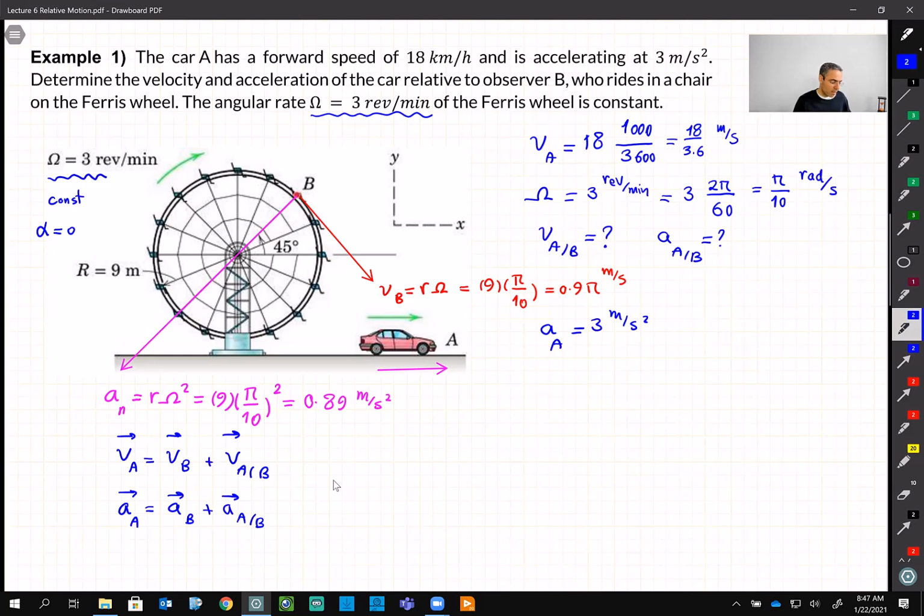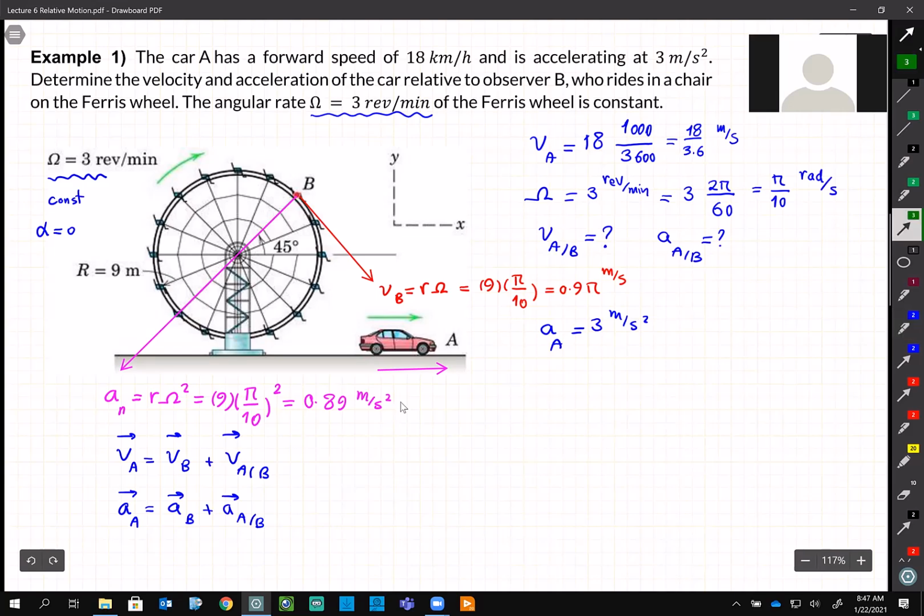But we need to do something about this VA and VB. We need to change them to the i and j direction, right? To X and Y. So this is i over here, and this is j.